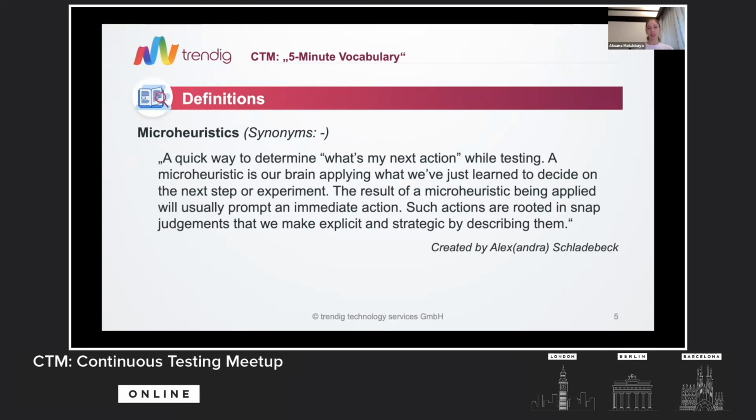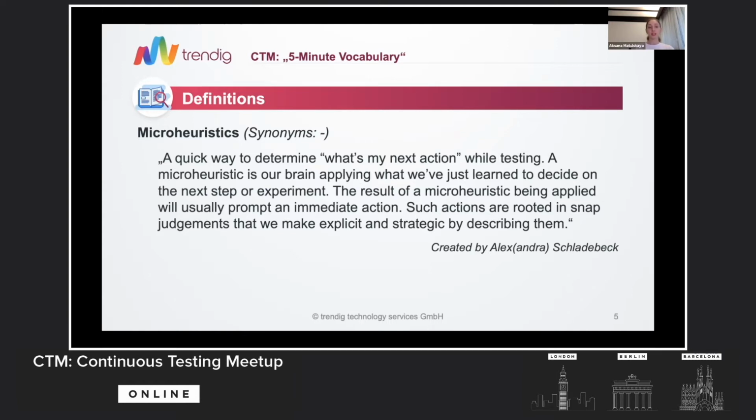Do you have any idea or any approaches how we can structure our exploratory testing process?" And I thought microheuristics are really something that a development team can use to bring more structure to the testing process.